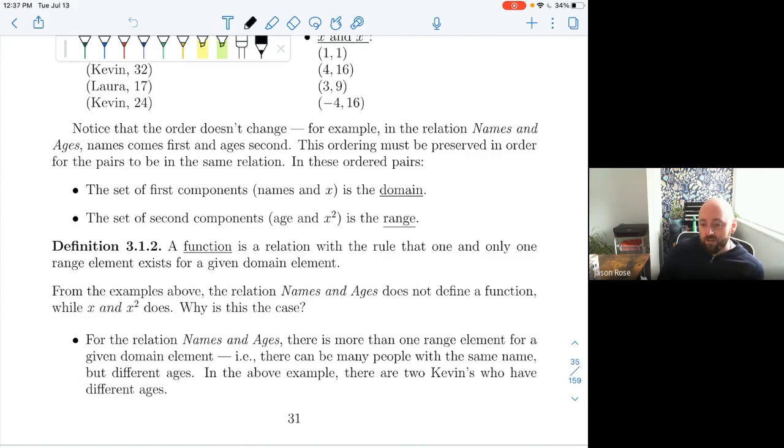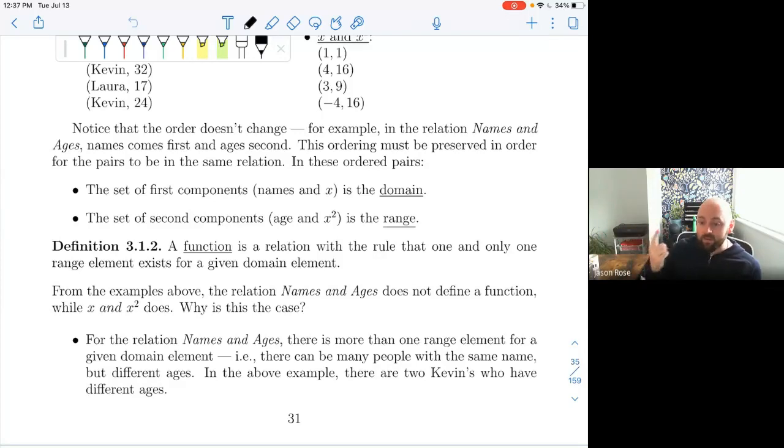And a function is a relation with the rule that one and only one range element exists for a given domain element. So in another language, it means that a function, for example, if you're used to thinking about x and x squared, you can't have 4, for example, the domain element 4 having a range element 16 and a range element 17.